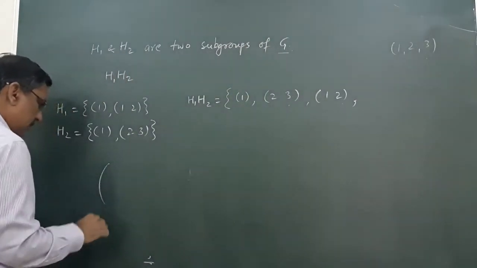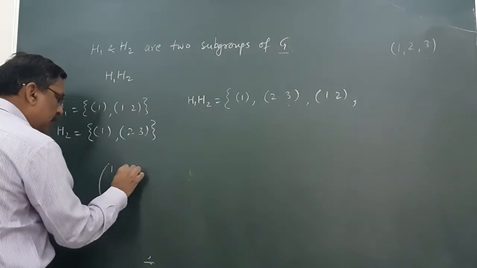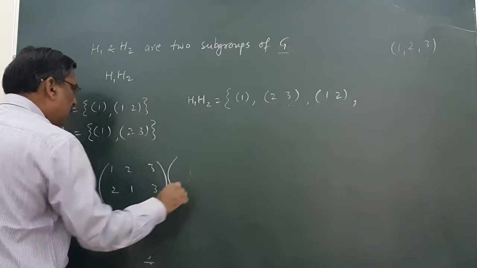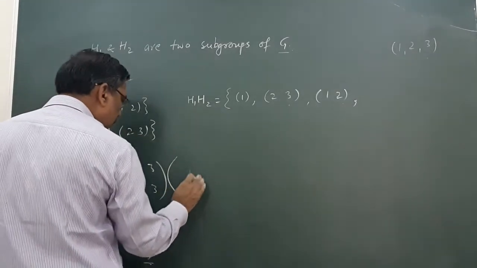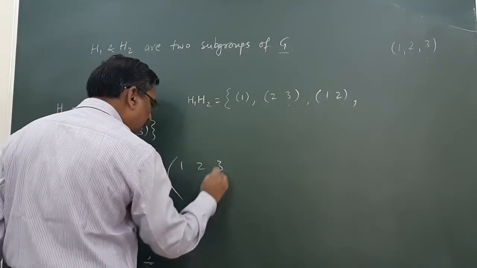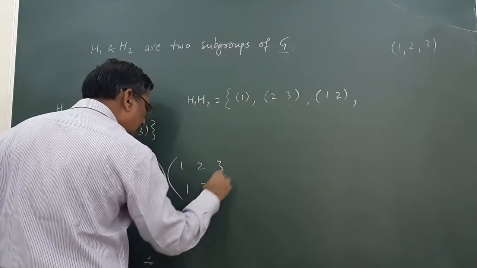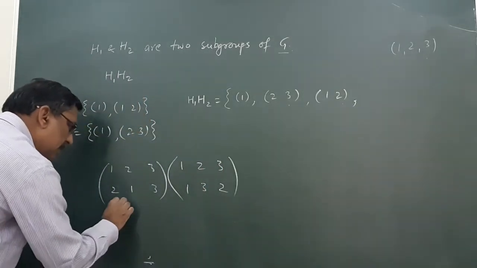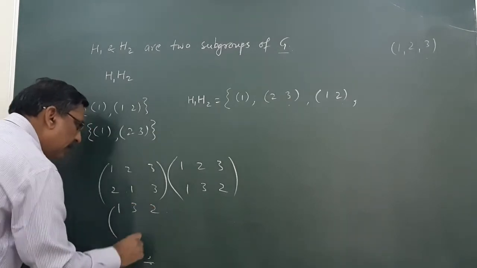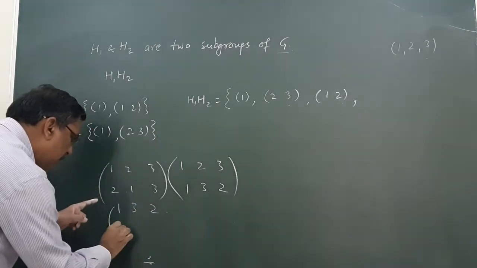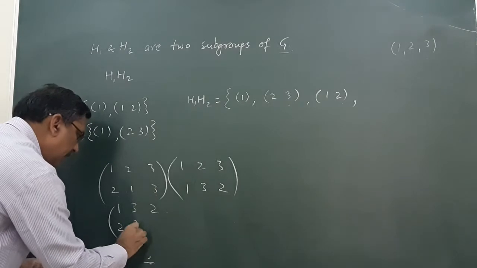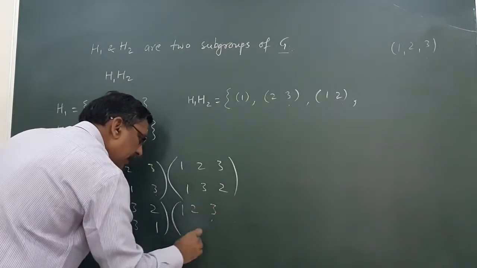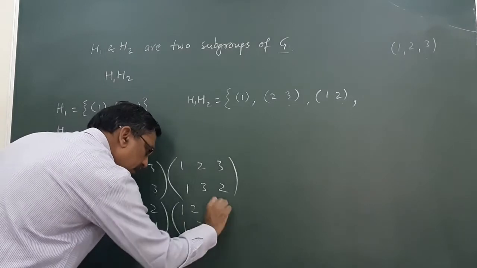Let us evaluate this one. Image of 1 is 2, 3 is 3, and image of 2 is 1, so this is (1 3 2).